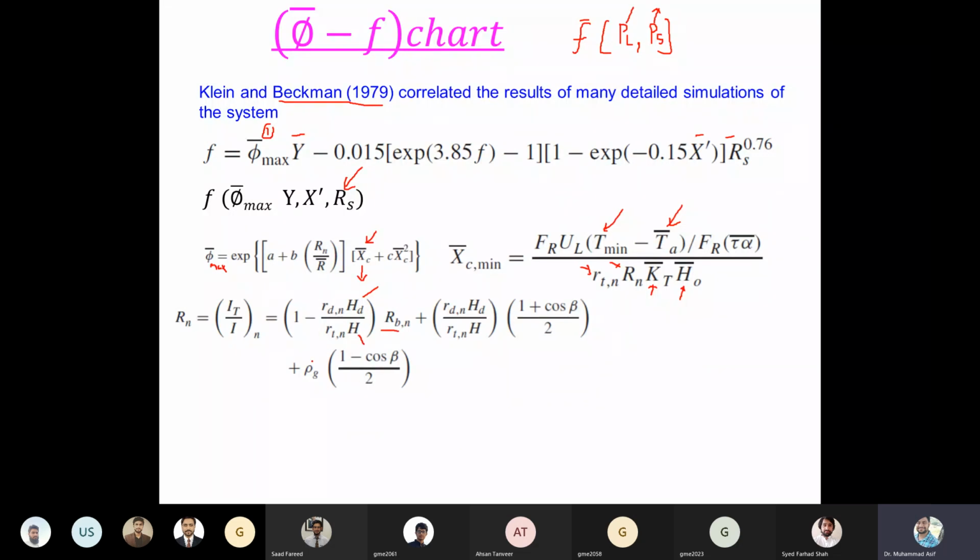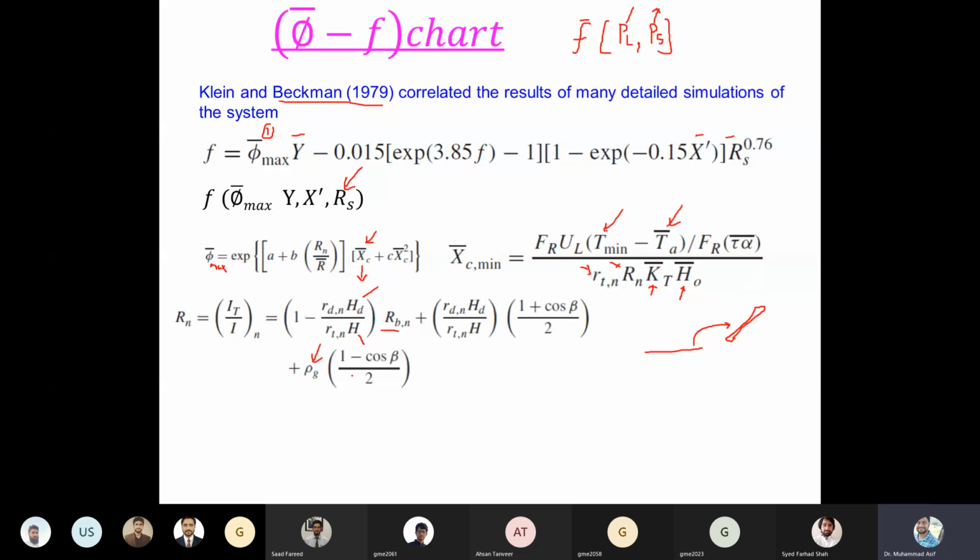This rho g is the density of the grass, because we have the radiation in three forms: one is the beam radiation, diffuse radiation, and reflected radiation. This D is basically for diffused radiation, and this rho g is from the ground, because when the solar collector is installed there, the reflected radiation from the ground is sometimes considered as a factor.